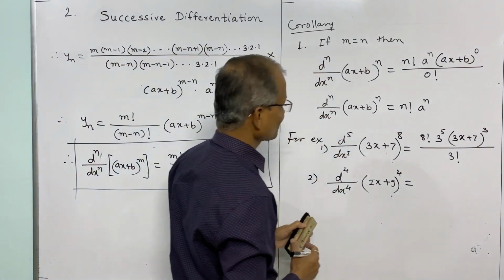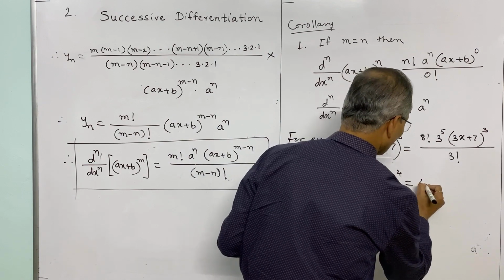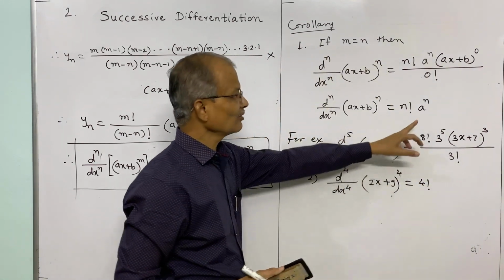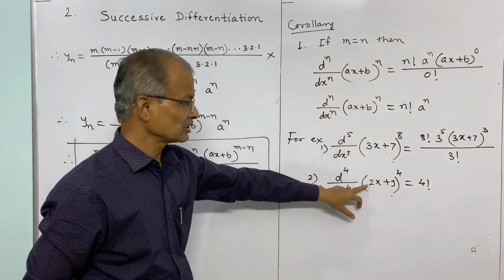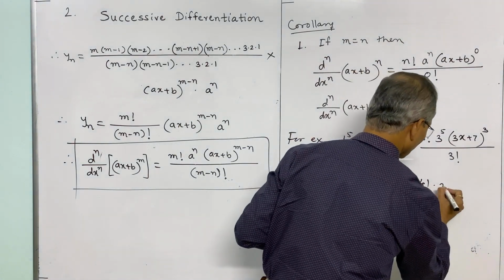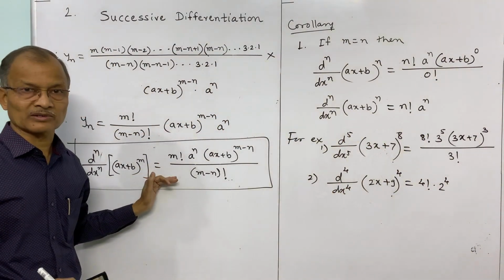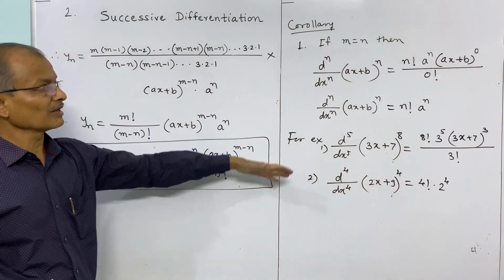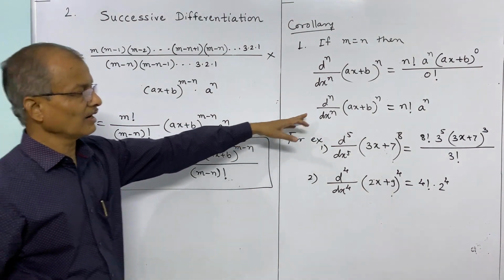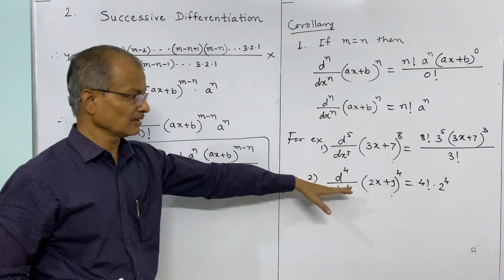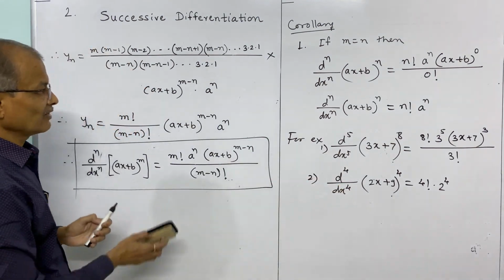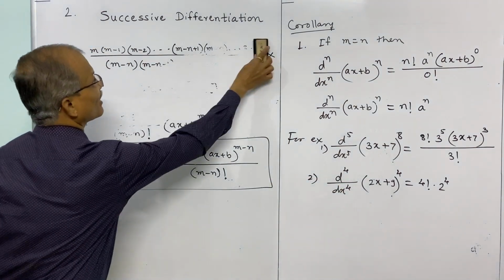N here is 4. So 4 factorial into a to the power n. A is 2, 2 to the power 4. So for this derivative, you may use this formula also, or the second corollary and the first corollary, and the result is the same. So in this way we can use the formula.